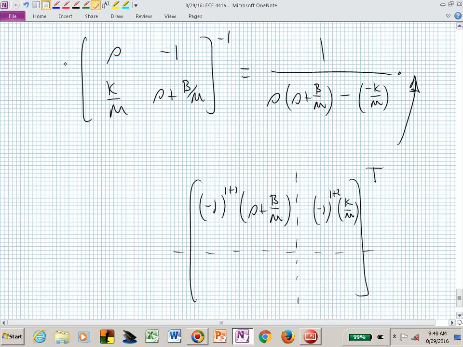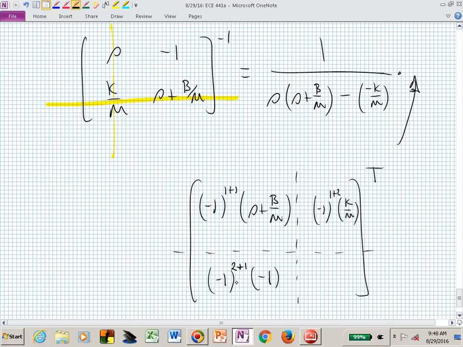Now what do I want to do? Let me do the 2, 1 entry cofactor. So the second row, first column, and I find the determinant of what's left over. That's minus 1, but I need to scale that by minus 1 raised to what power? 2 plus 1.